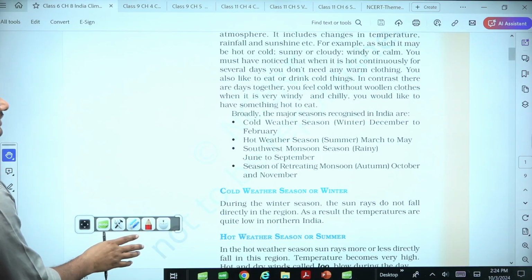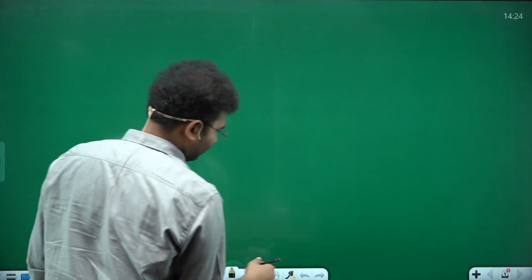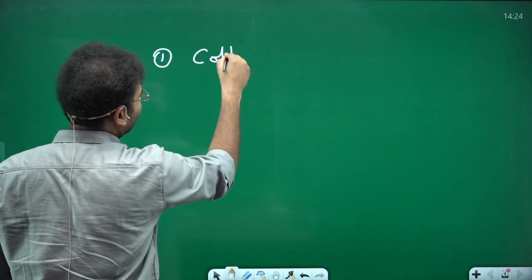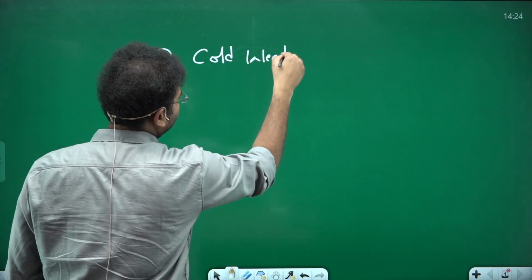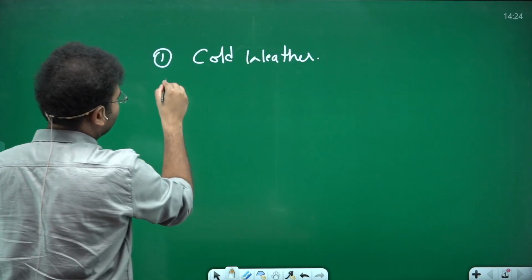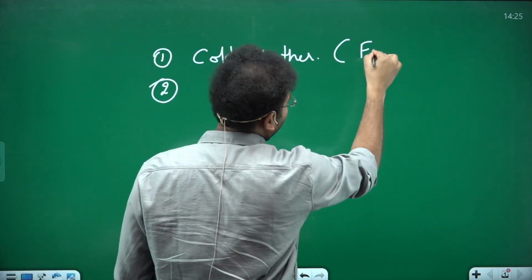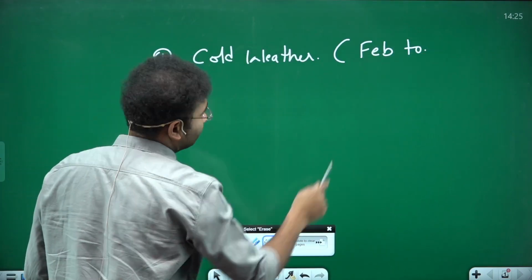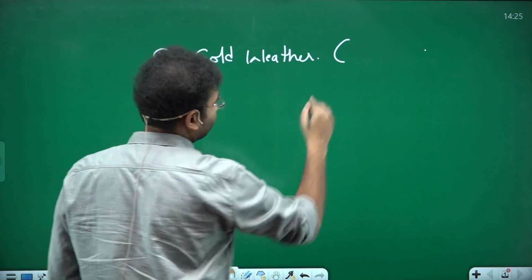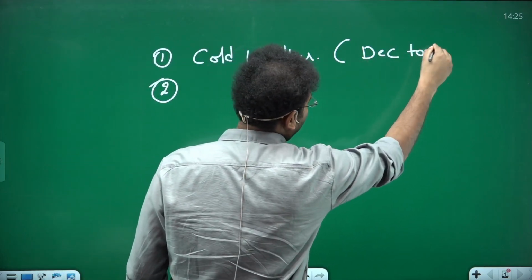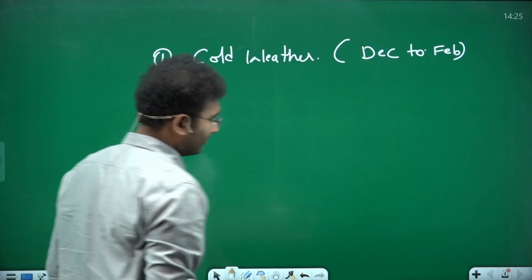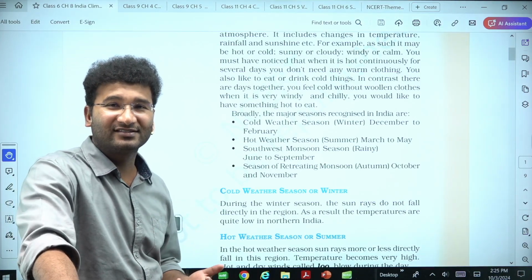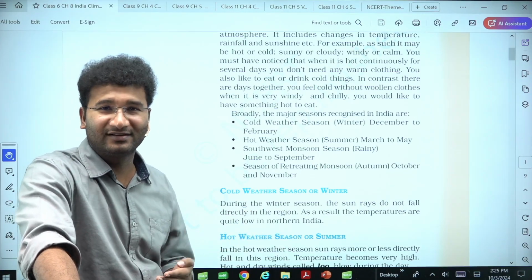Cold weather season, it is from December to February. So the seasons that are present in India are: number 1, cold weather season, from December to February. Now you might be thinking that there are also seasons of spring, autumn, summer and winter.